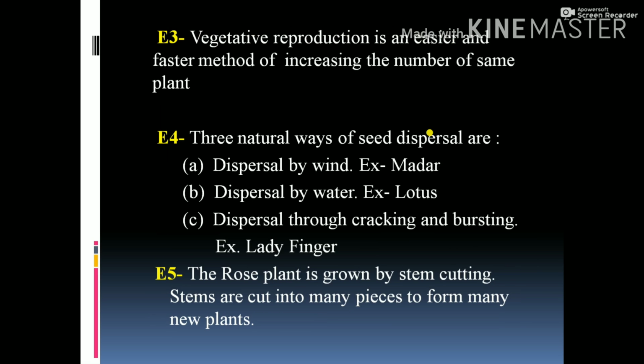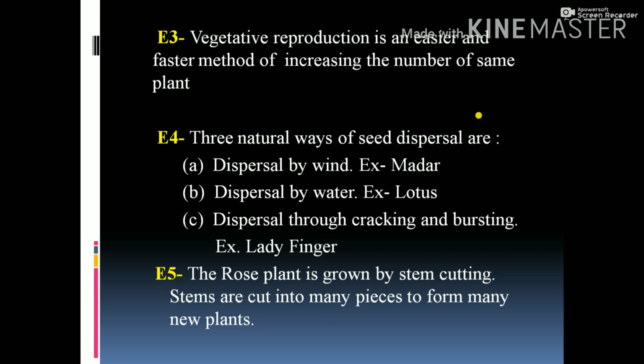Next, answer number E3. Vegetative reproduction is an easier and faster method of increasing the number of the same plant. Okay? Whether it is from the root, stem or leaf. Number E4. Three natural ways of seed dispersal are: first, dispersal by wind, for example madar.